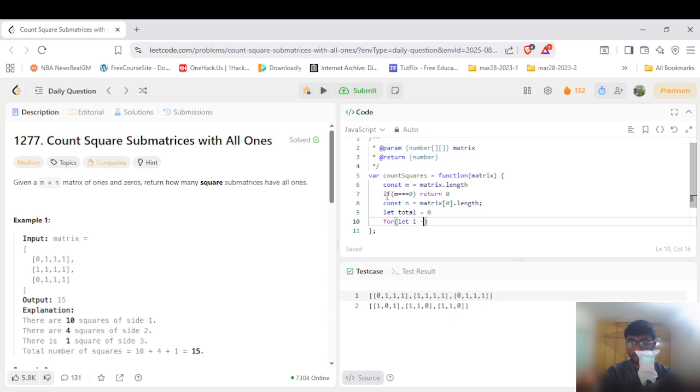So this is going to run through the rows, and another for loop.